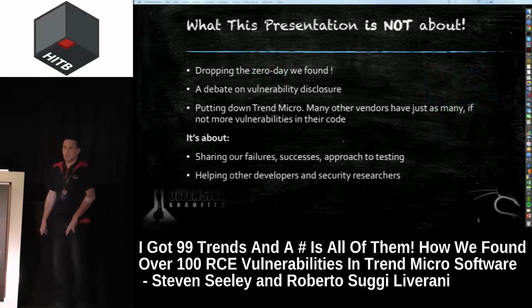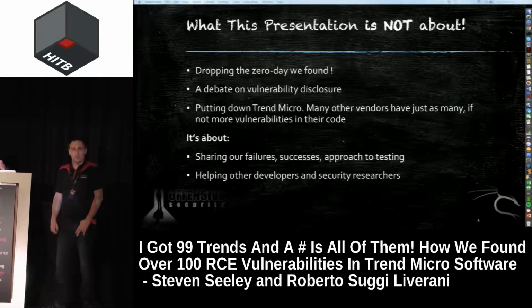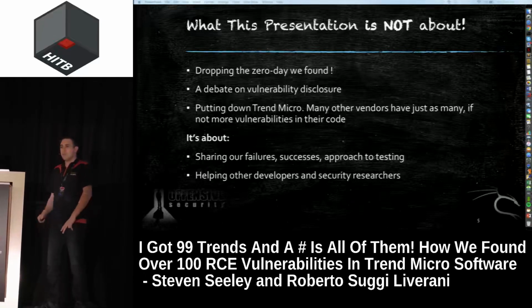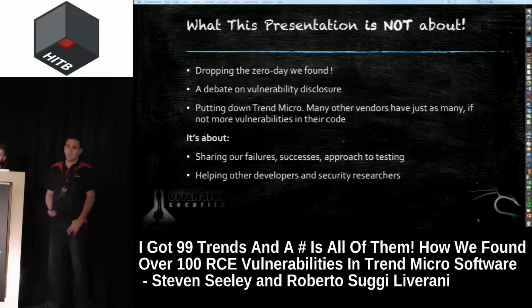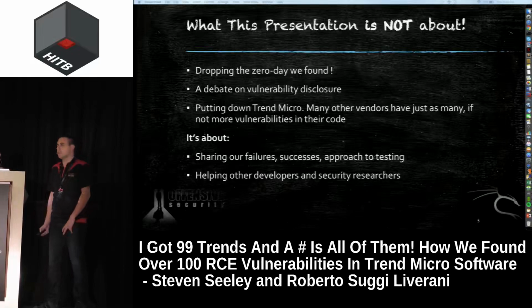A bit of disclaimer before we go into the content of the research. The first thing we would like to point out is that we didn't do this against Trend Micro. We have nothing against Trend Micro. We don't want to put down Trend Micro. We strongly believe that given enough resources, assets, time, and people, you can find a similar number of vulnerabilities, if not more, affecting other products.